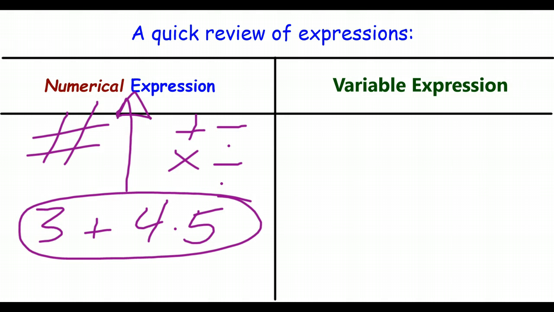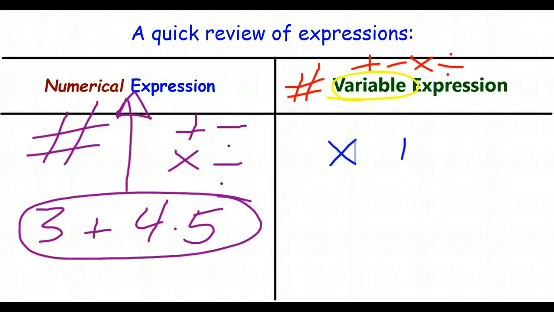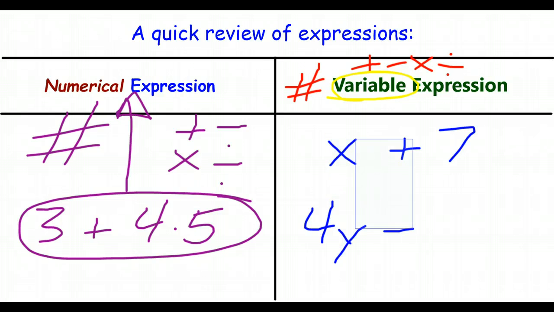Whereas a variable expression also had numbers, operations, but then also, because its name was, after all, variable expression, it also has variables. So things like x plus 7, 4y minus 5. Things like that are all examples of variable expressions.